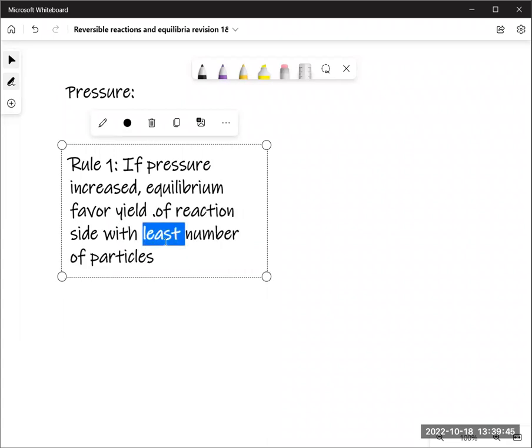Let's say lower number of particles. Fine. Any questions? No.